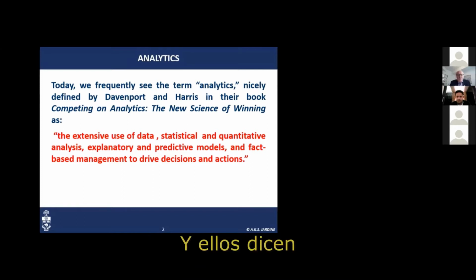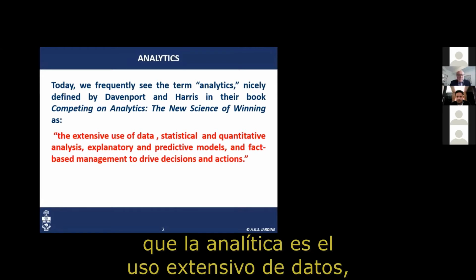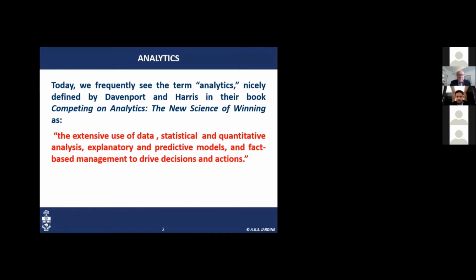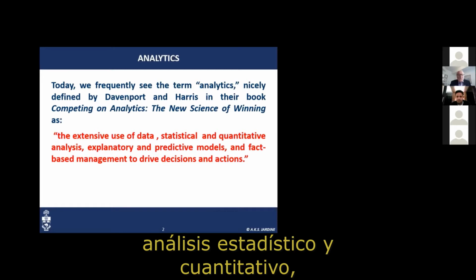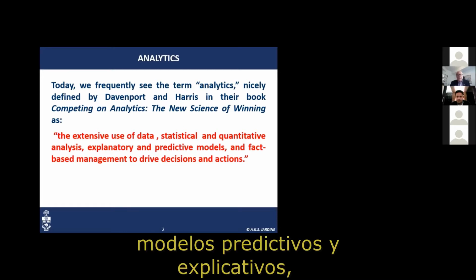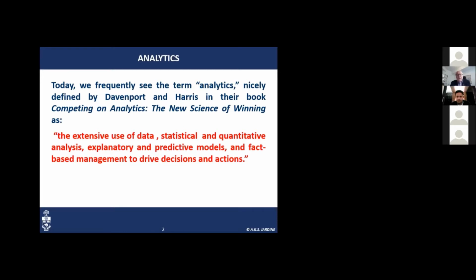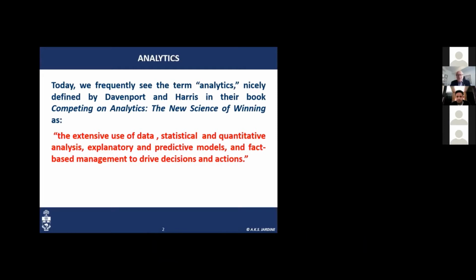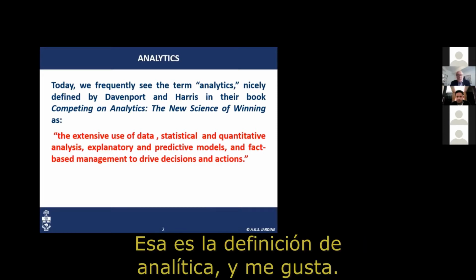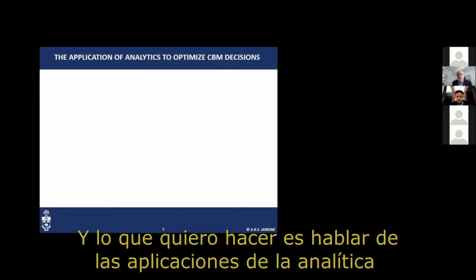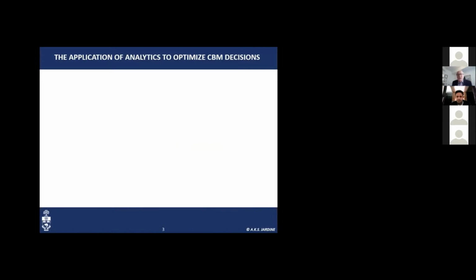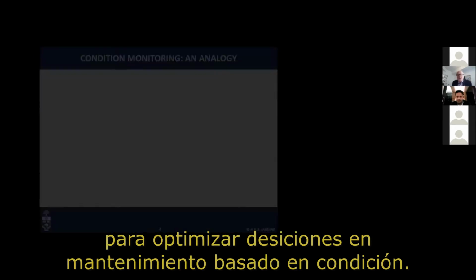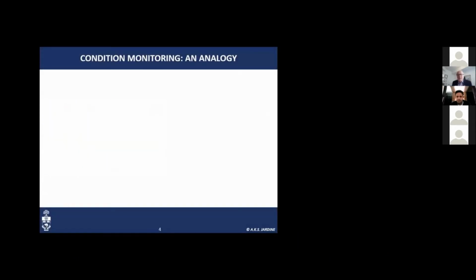They say that analytics is the extensive use of data, statistical and quantitative analysis, explanatory and predictive models, and fact-based management to drive decisions and actions. That's their definition of analytics, and I like it. And what I want to do is speak about the application of analytics to optimize condition-based maintenance decisions.